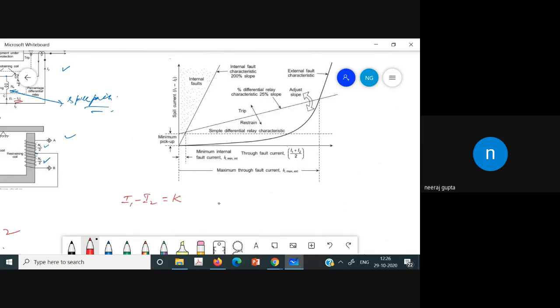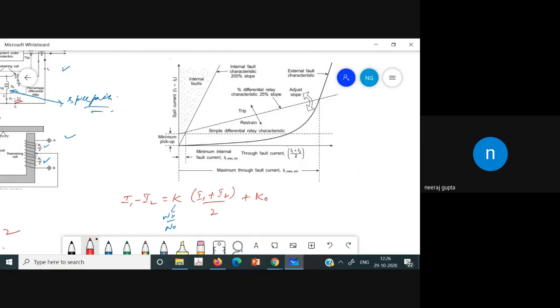K in this case is NR by N naught, the number of turns of the restraining coil and operating coil. So this is what we are getting.